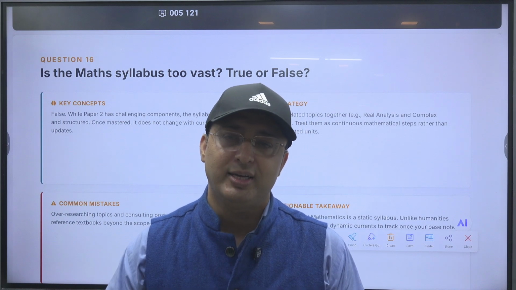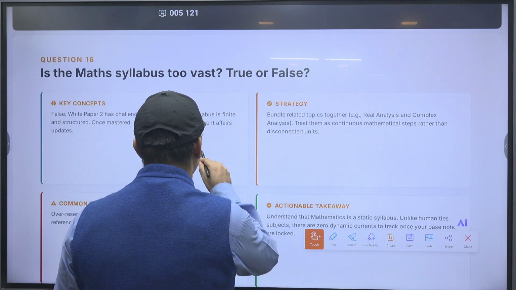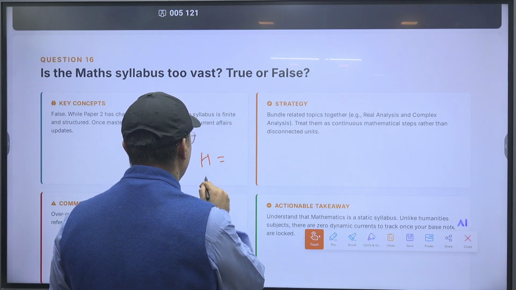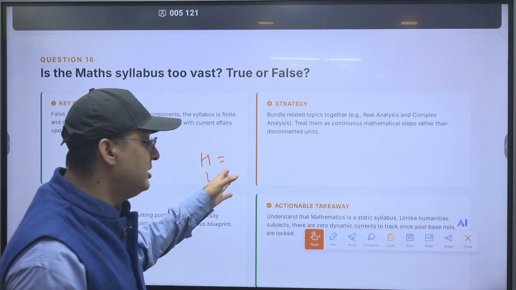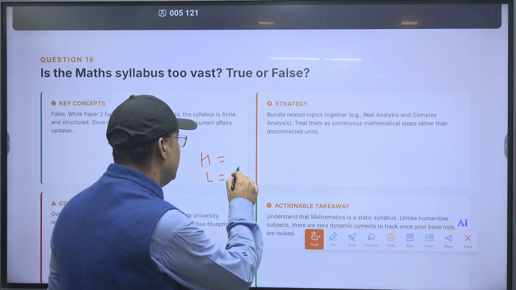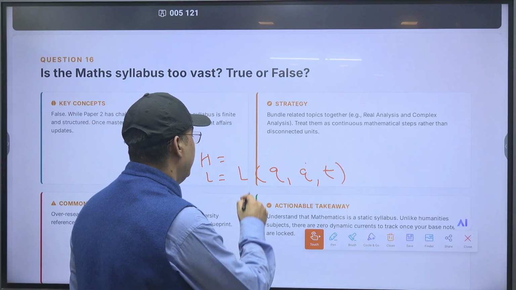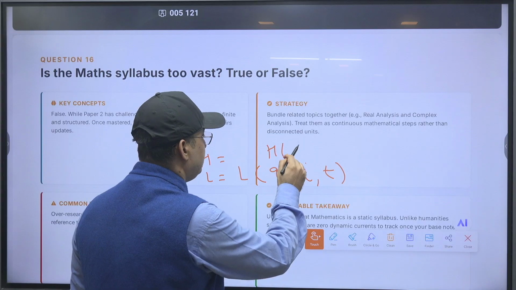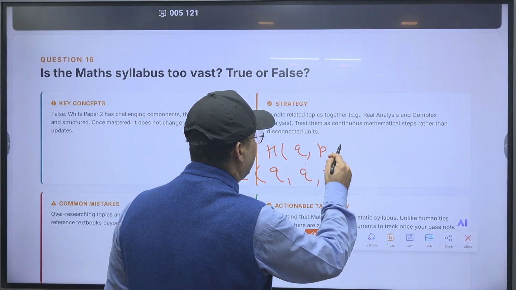If I talk of fluid dynamics and mechanics, in mechanics, what do I learn? I learn about Hamiltonian and Lagrangian. Here I am dealing in terms of the Lagrangian, writing in terms of coordinate, velocity and time, and in the Hamiltonian I am expressing in terms of position, momenta and time.